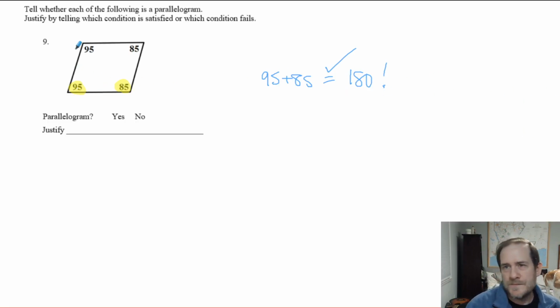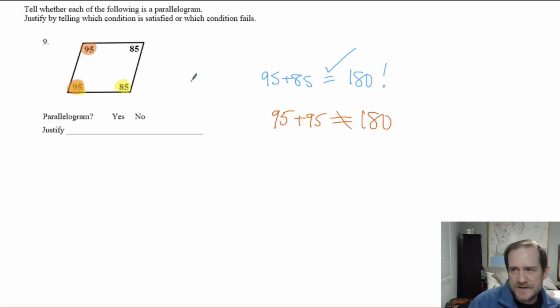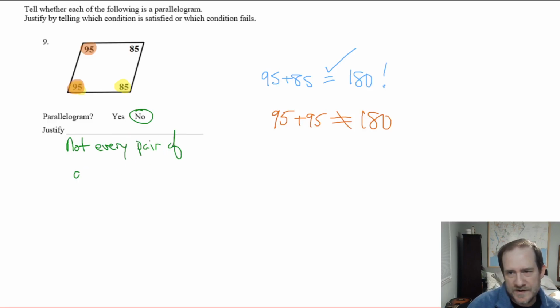But real quick, you'd probably look at this pair, the orange and the orange, and 95 and 95 do not add up to 180. 95 and 95 add up to 190. And so that kills it. We can already see that not every single pair of adjacent angles are supplementary. And to be a parallelogram, you need every single pair to be supplementary. So are we a parallelogram? No. Justification: not every pair of adjacent angles are supplementary.